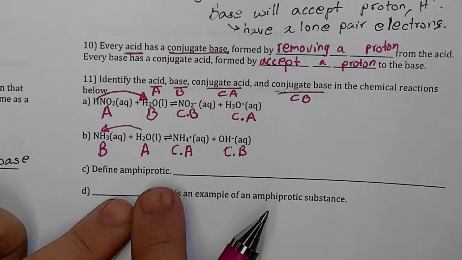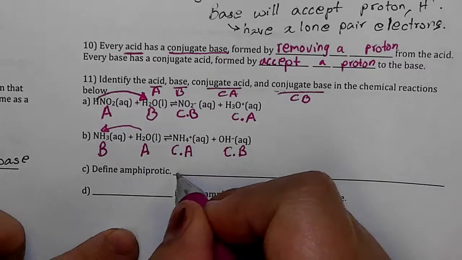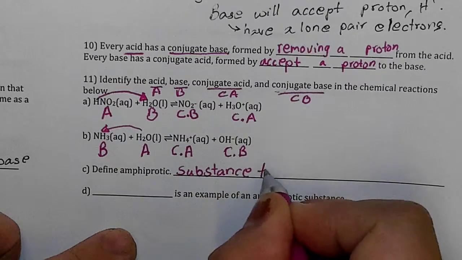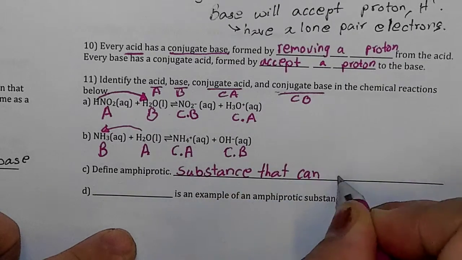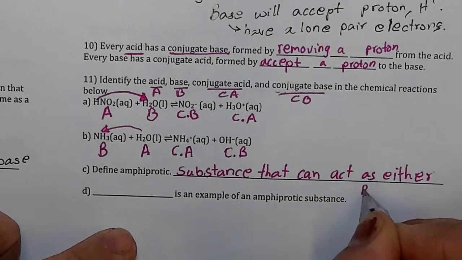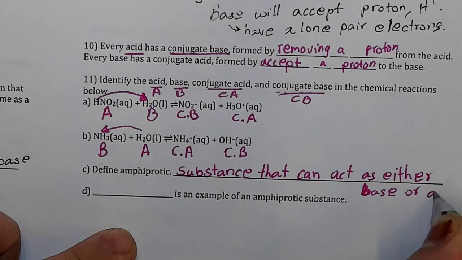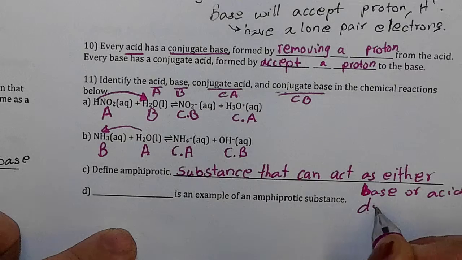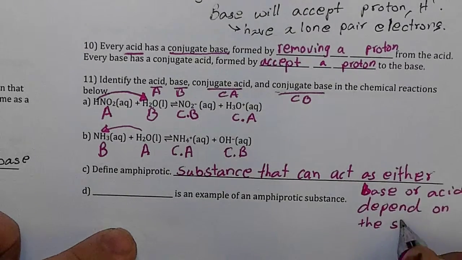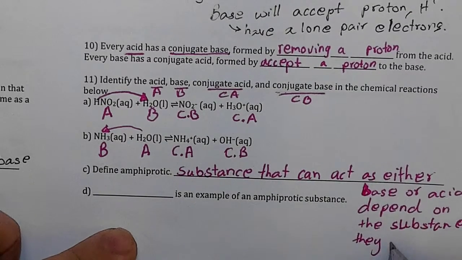So that leads to the next one, called amphoteric. Amphoteric is basically a substance that can act as either base or acid, depending on the substance they interact with.